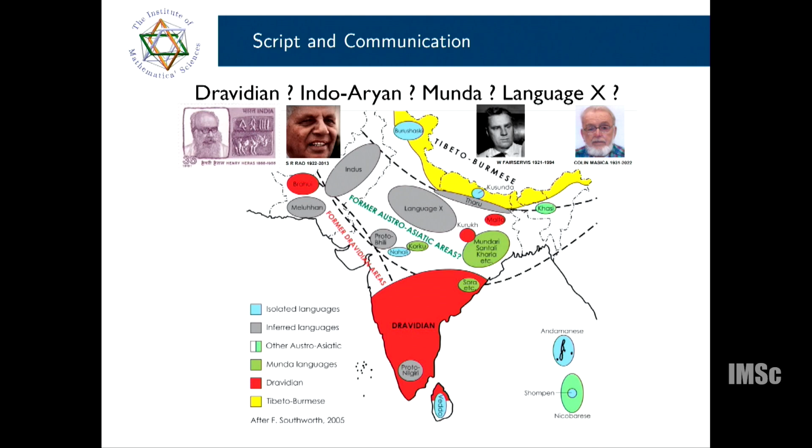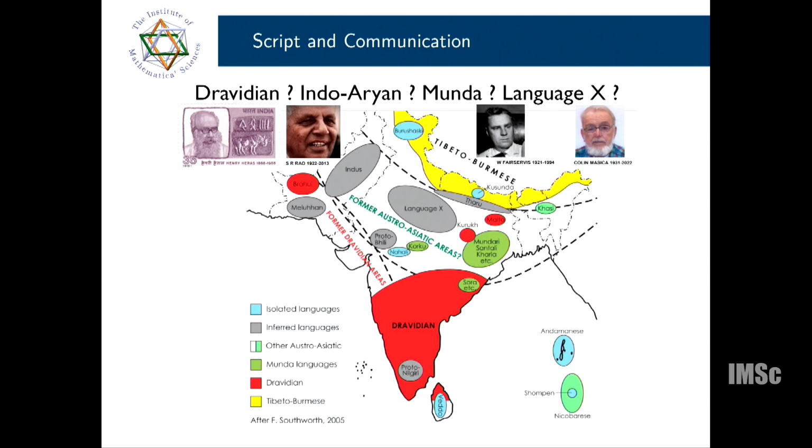Colin Masica is saying that if you look at the root words of current Indo-Aryan languages, a few connections have been traced, but a few are completely unknown. So there might be a chance that some words have come from some unknown source. That's why he gave the whole concept of Language X.